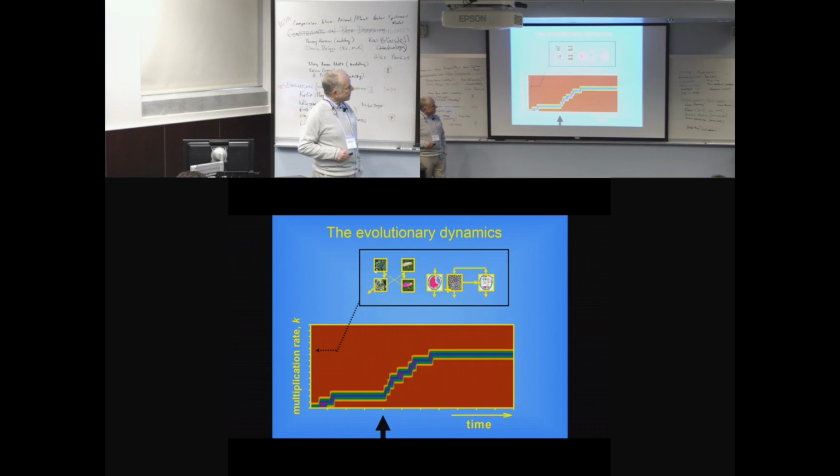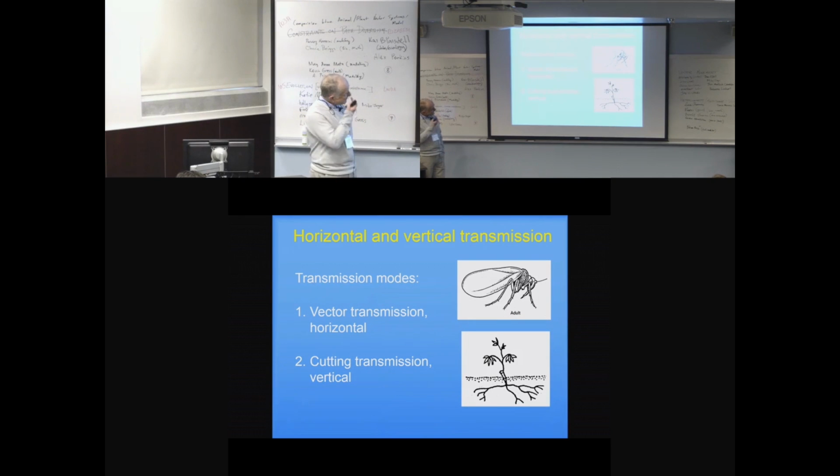We were able to show by direct calculation, because the model was amenable to that, that the virus multiplication rate would increase to a new higher level in response to resistance being deployed against it. That's shown schematically. There's no timescale to do with that. But that paper has been published.